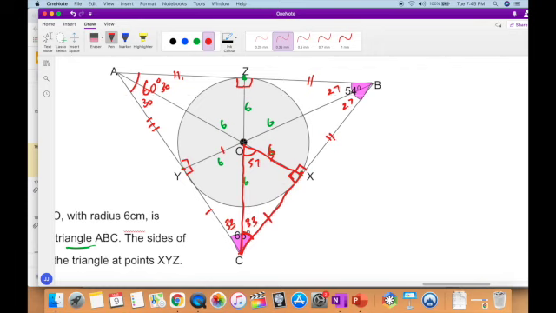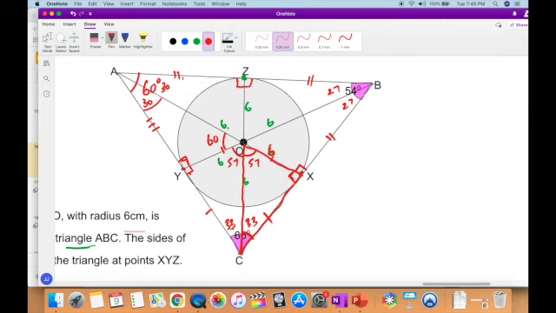And since this is 90 and this is 33 over here, this here is also going to be 57. So this is 90 and this is 30. That means this angle over here is not going to be 57. It's going to be 90 plus 30 is 120. So 180 minus 120 is 60. This is going to be 60.